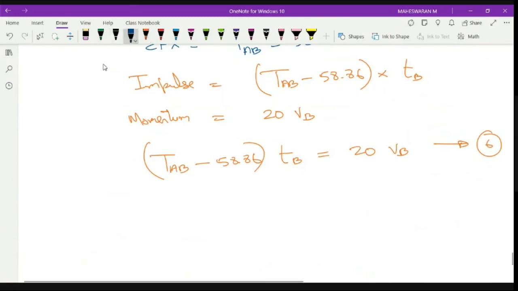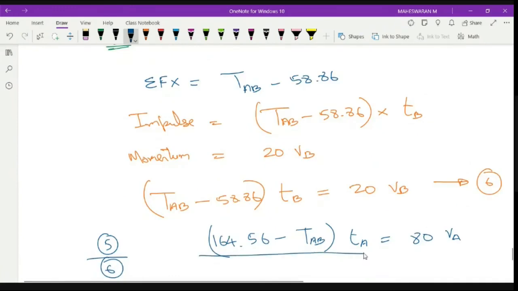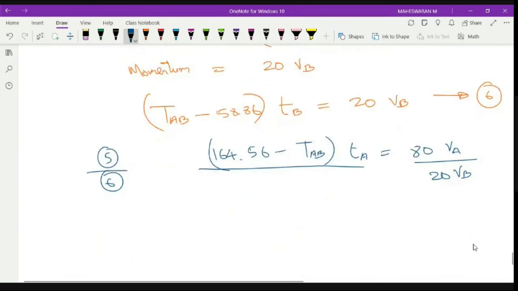So the time is also the same procedure. What I do, I am going to divide this. So I divide 5 by 6. So what I will get, this will be 20 VB and this will be TAB minus 58.86 into TB, right? So the same, I can eliminate these things. Your time is the same, your velocity is the same, I can neglect it.